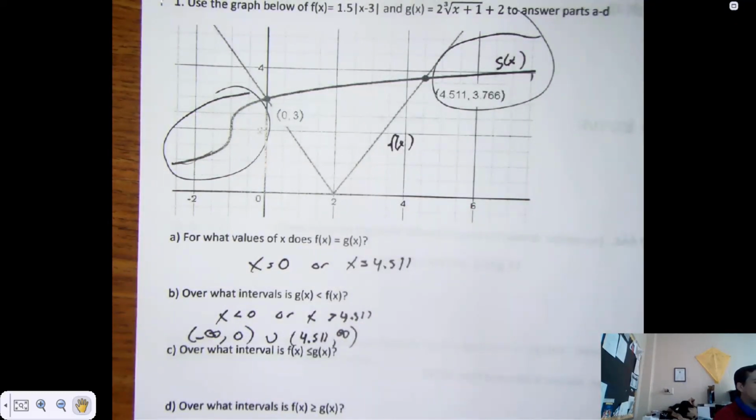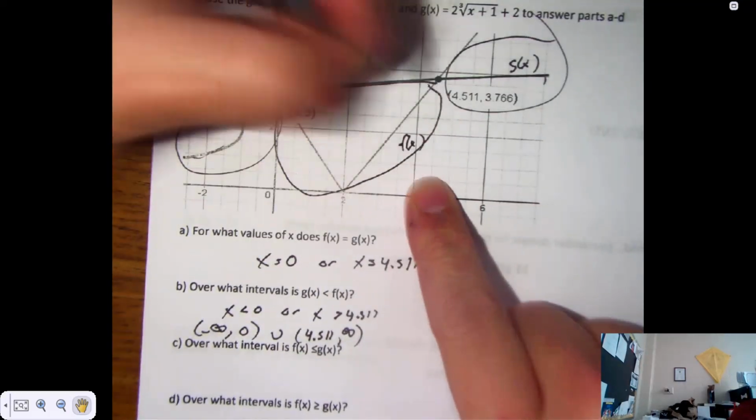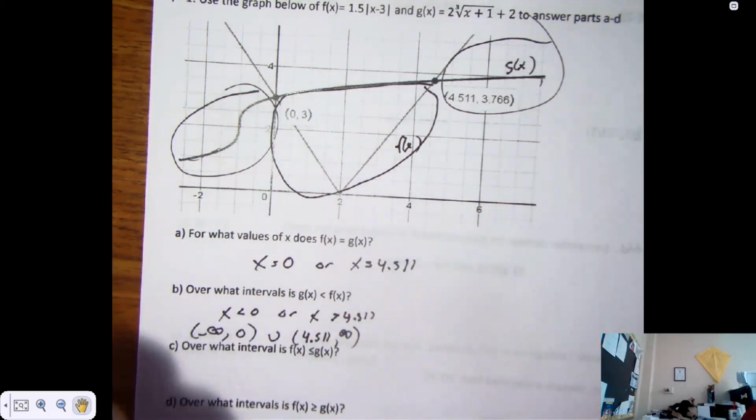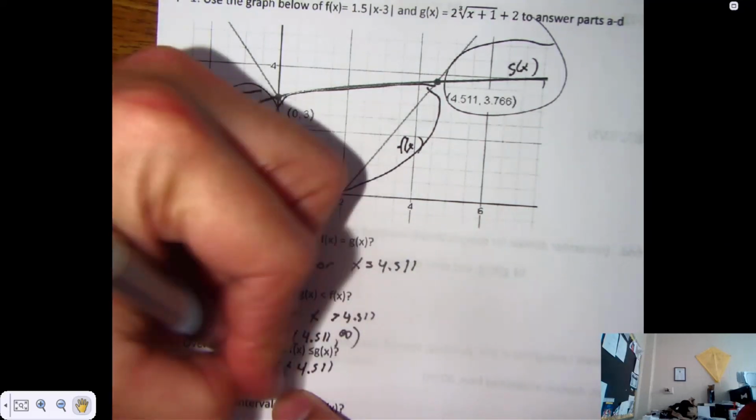Now C's kind of got it backwards. C is where f is less than g. Well, that's this territory right there, where the V is below the curve. And again, you're answering in terms of x. What x values are you trapped in between? You're literally trapped between 0 and 4.511. I need equal symbols there.